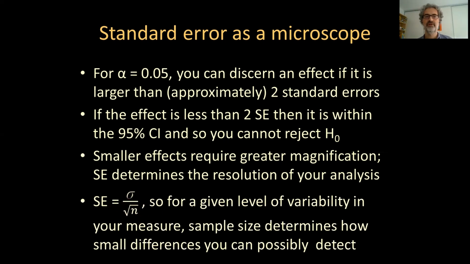So if we're talking about a given level of variability, a certain fixed standard deviation of your measure in the population, it is sample size that determines how small differences you can possibly detect. It is sample size that determines how small effects it is possible to see with your statistical procedure.